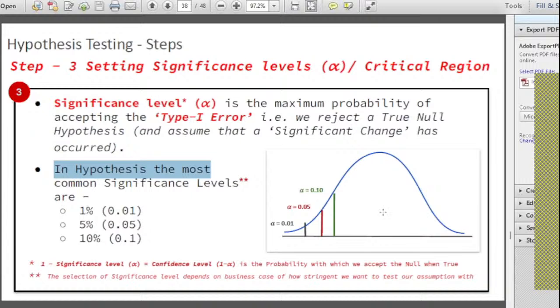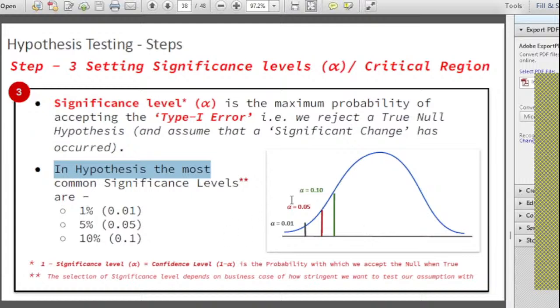And if you remember, in a normal curve, the entire area represents 100%, with the mean in the middle and 50% area on each side.